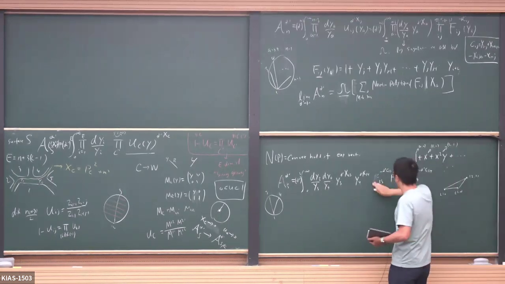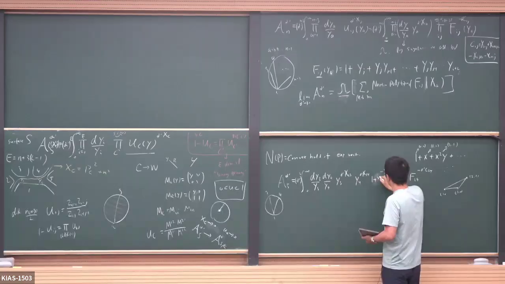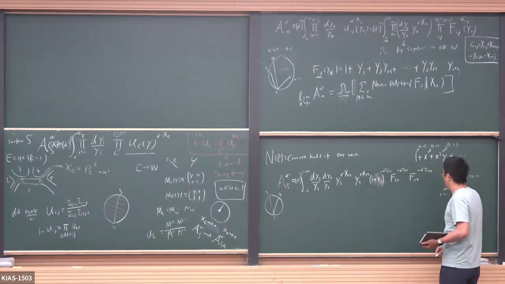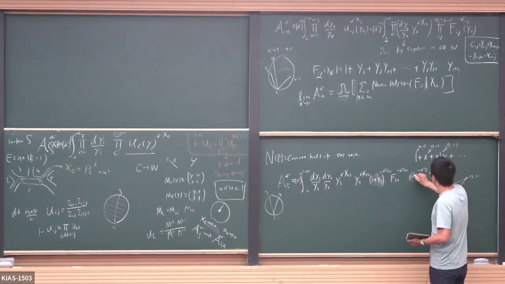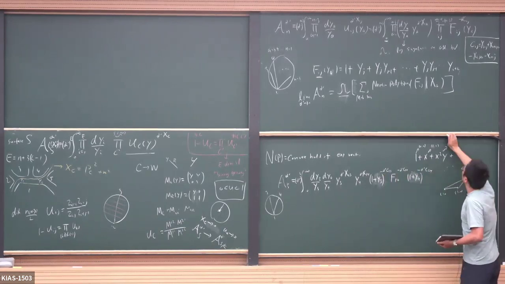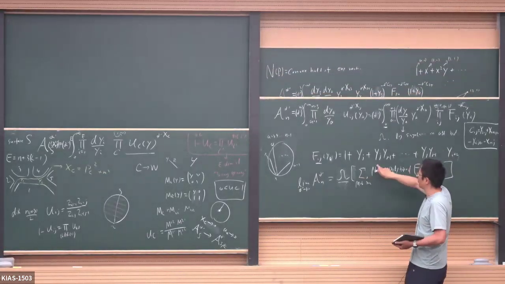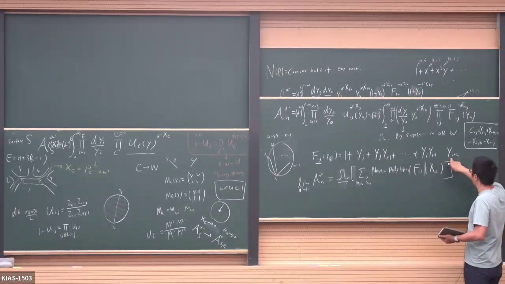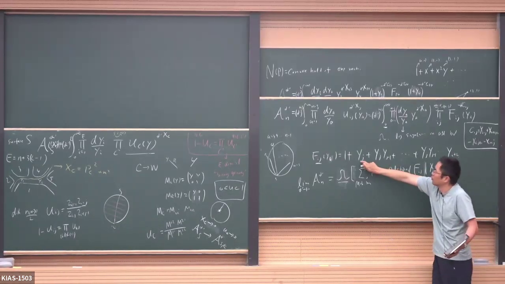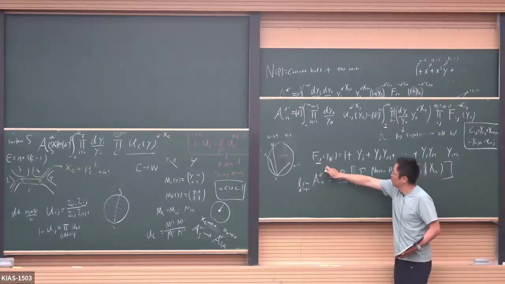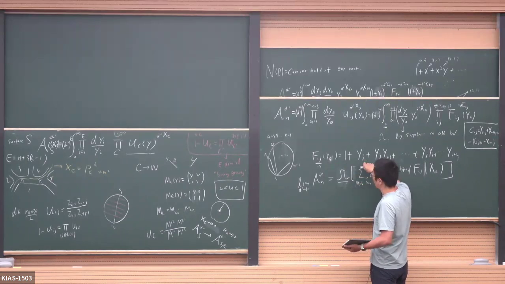Let me write it down more explicitly for you. F13, according to this formula, would be 1 plus y3. F24 would be 1 plus y4, because you see here the thing always starts with 1 plus y4, and it should be y4, y3, all the way to y4 ... y_{i+2}. When i is 2, there's just a single term, y4. When it is 1, 3, then you have 1 plus y3 to start with.